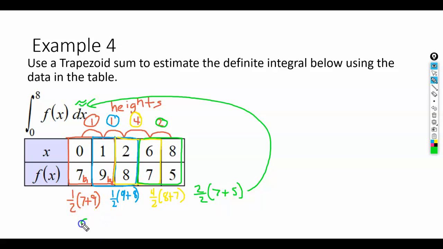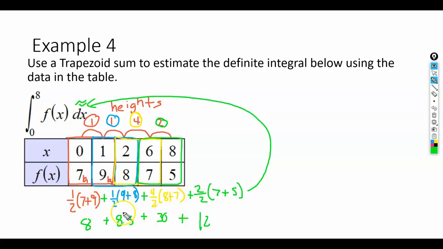This one is going to be 8. This one's going to be an ugly number, I think 8.5. This one's going to be 15 to 30, 12. And you can even add all those up if you wanted to. But when I told you that you can leave this in the answer, yes, you could, but you definitely don't want to forget to put pluses here.